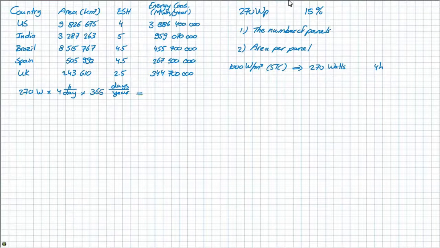And this gives us, if you calculate it, 394,200 watt hours per year. Now in 3 significant numbers, if you simplify this, this is 0.394 megawatt hours per year.